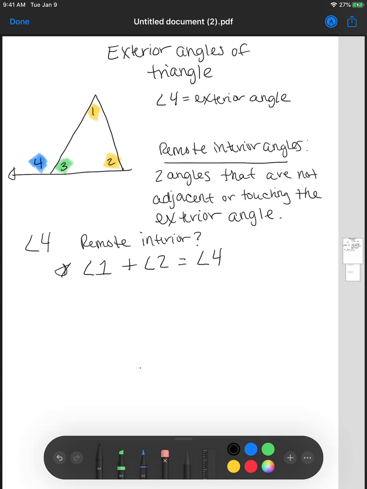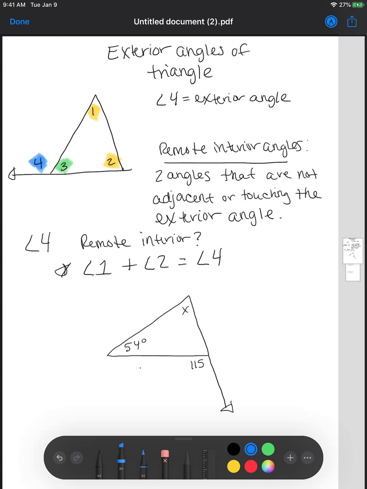For example, we're going to have a triangle here. It looks like this. There's my triangle, and my line's going to come out this way this time. And this one's going to be 54 degrees. This one's going to be X, and this is going to be 115. All right, so I'm going to highlight the exterior angle.